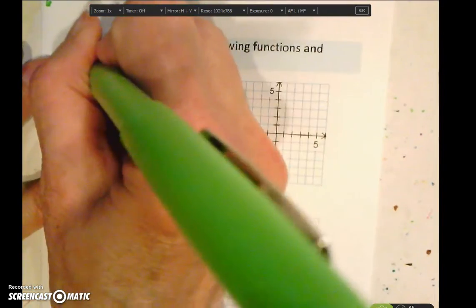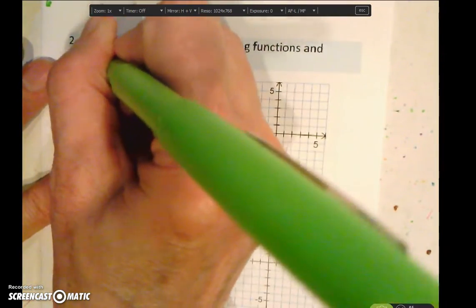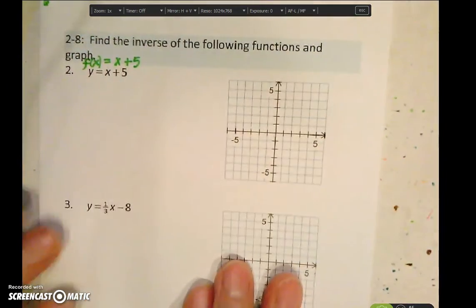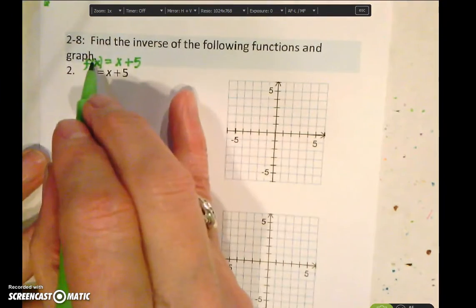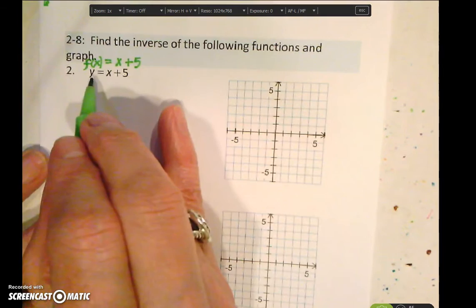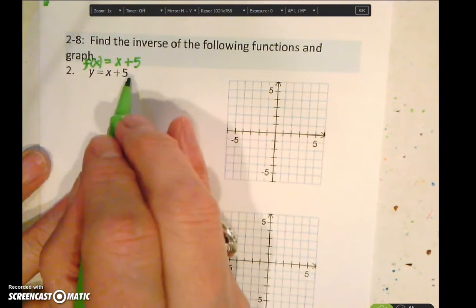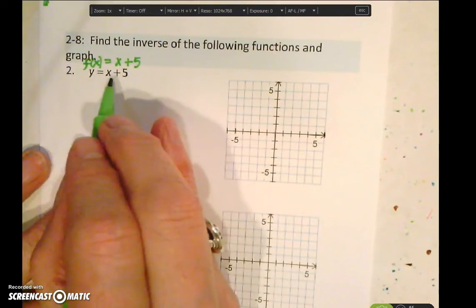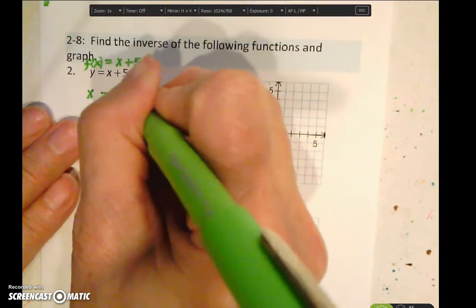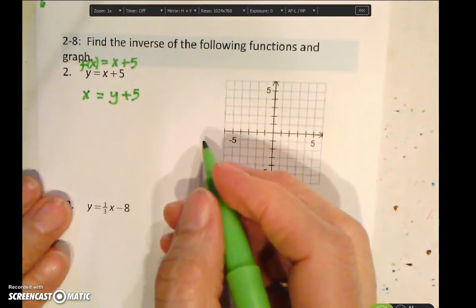Just imagine that this said f of x is equal to x plus 5. We replace the f of x with the variable y, so now I have y equals x plus 5. To find the inverse, I swap the x and the y, so I get x is equal to y plus 5.